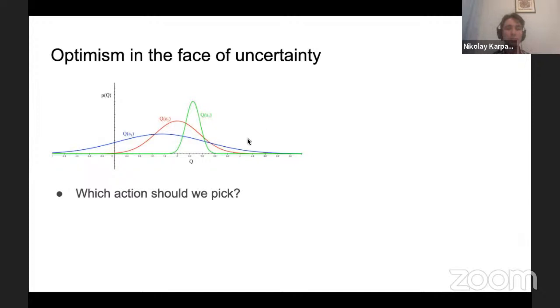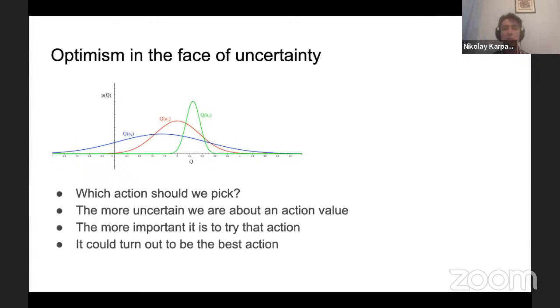So, for example, one of the concepts relies on the uncertainty. So uncertainty is some more or less vague concept, but in probability theory, we can formalize it. And for example, we can estimate the entropy of the distribution.